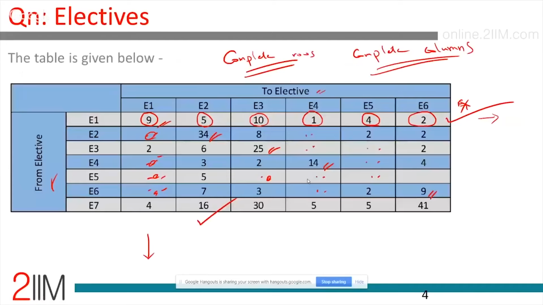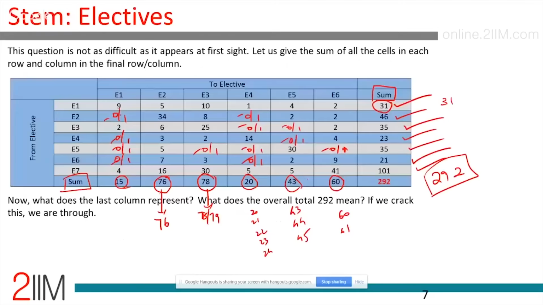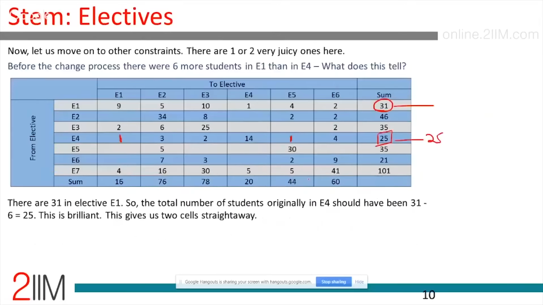So let's go step by step back to our grid. These 2 are 1. We've done that. E2 ends with 76, which we are confident of. E2 should have begun with 76 minus 30, which is 46. What does this tell us? These two cells should both be 0.